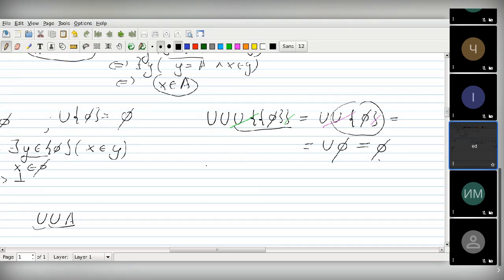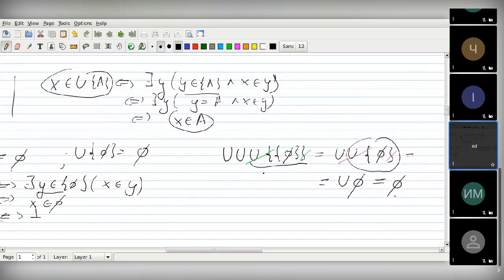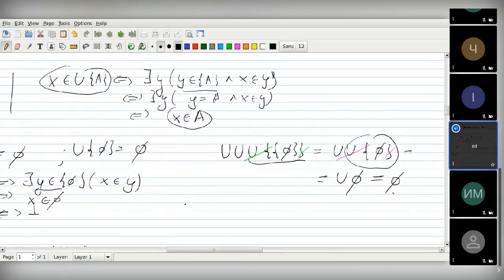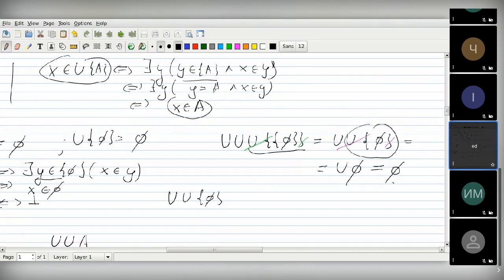Till here, yes, but what's the union of a singleton with one curly brackets? Please repeat, the union of the union of a singleton. For example, the set {A}. Let's consider the inner part.